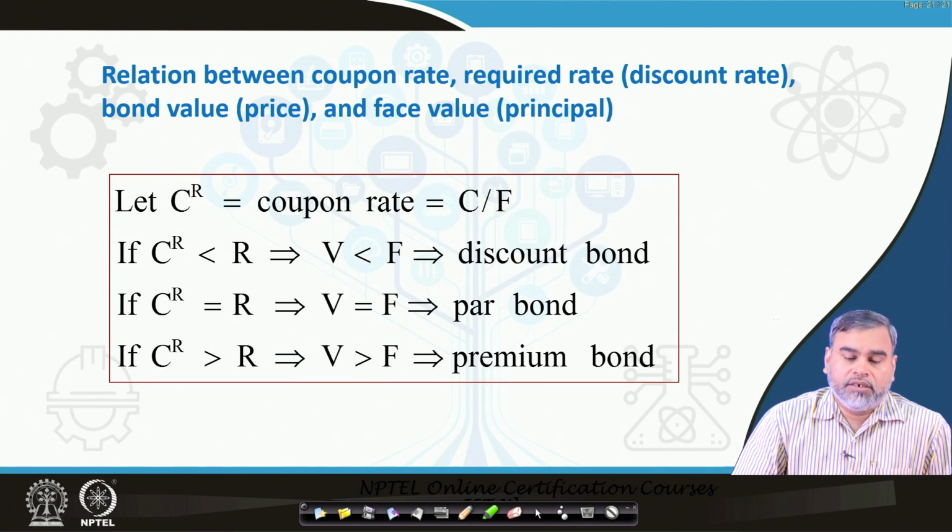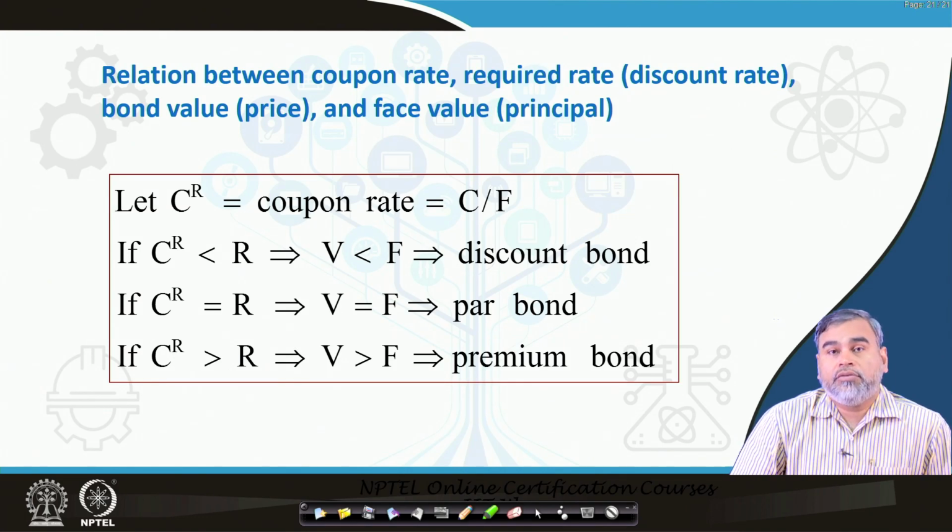Another thing you might have observed is that we can have three types of bonds. One is the discount bond, we have a premium bond, and we have a par bond. What is the basic difference between these three? If the coupon is equal to your discount rate, then the price of the bond will be equal to your face value.